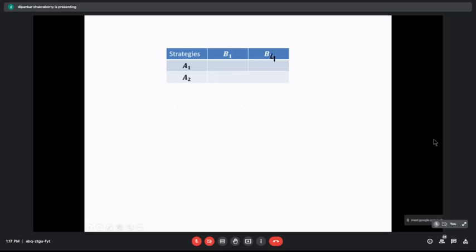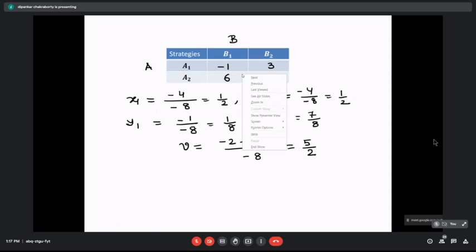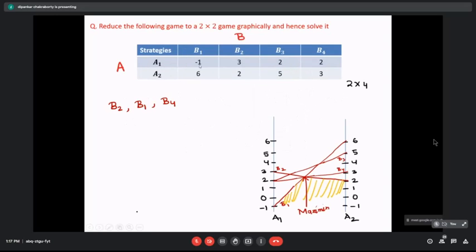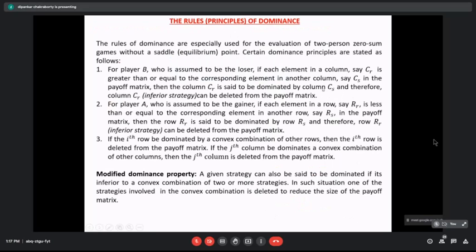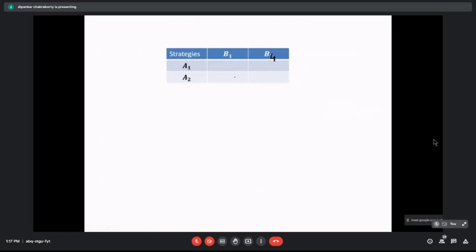So could you tell me what are the elements b1, b4 will come? b1, b4 is what? -1, 2, 6, 3.